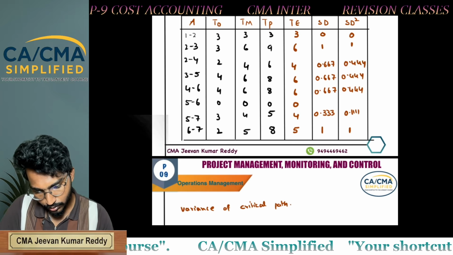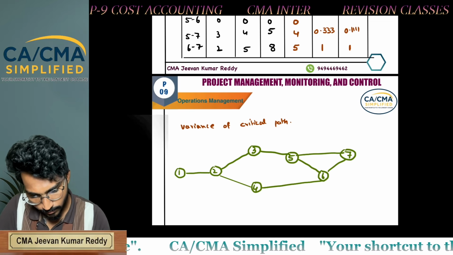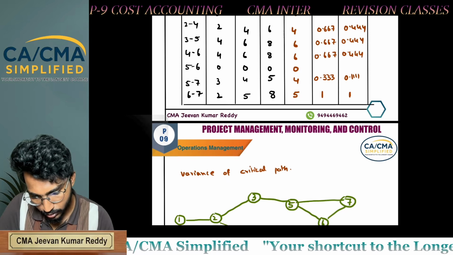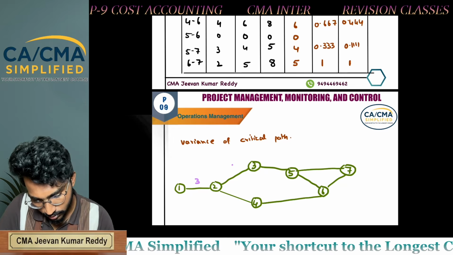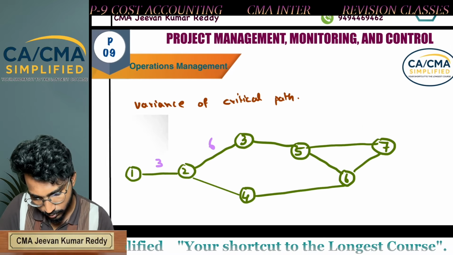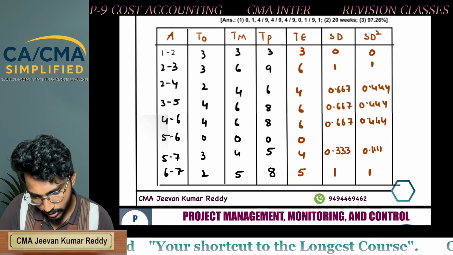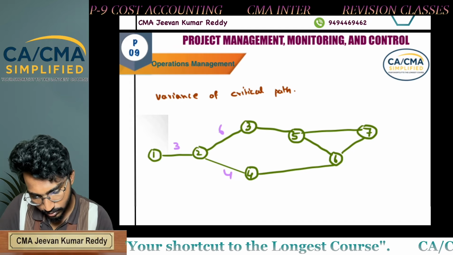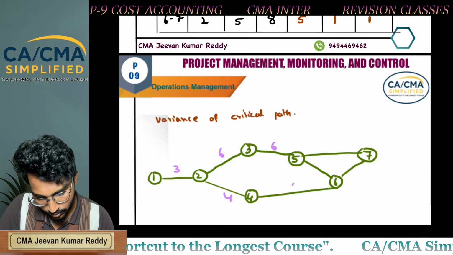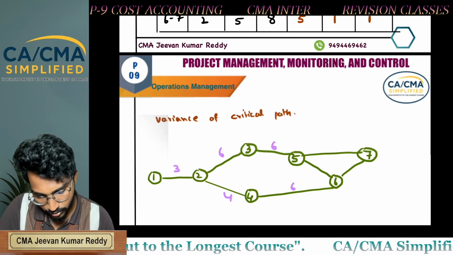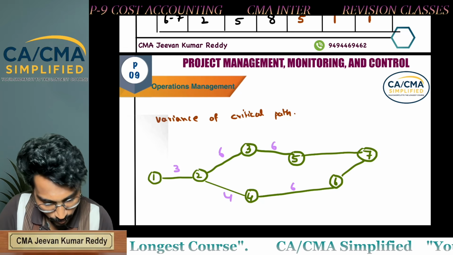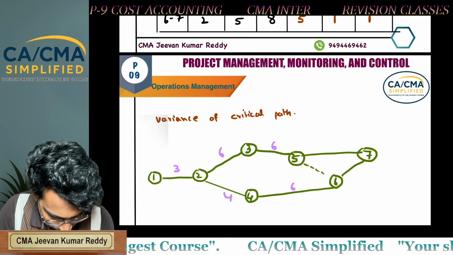Next, the duration T: 1 to 2 is 3 days, 2 to 3 is 6 days, 2 to 4 is 4 days, 3 to 5 is 6 days, 4 to 6 is 6 days, and 5 to 6 is 0, which means it is a dummy activity.